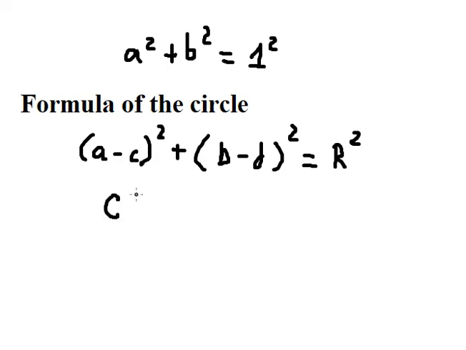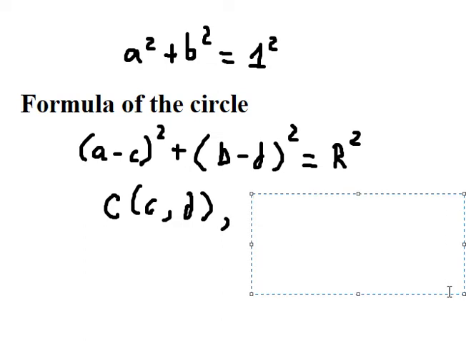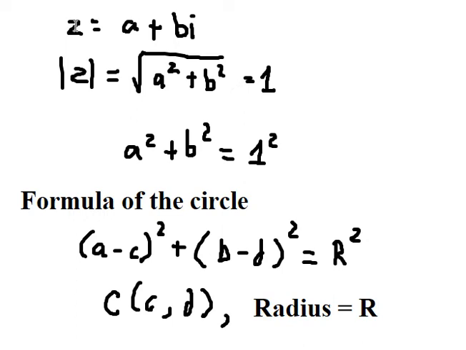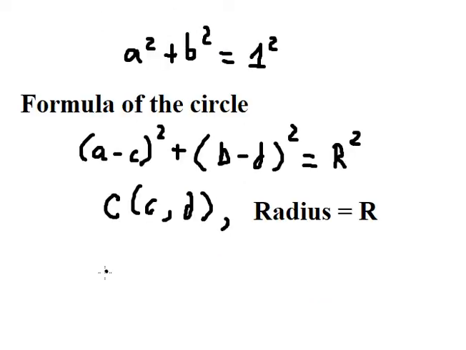So the center is about (c, d), and the radius is about r. If we look carefully at this one, the center is about (0, 0), because c and d are not in here. That means they equal 0. The radius is number 1.